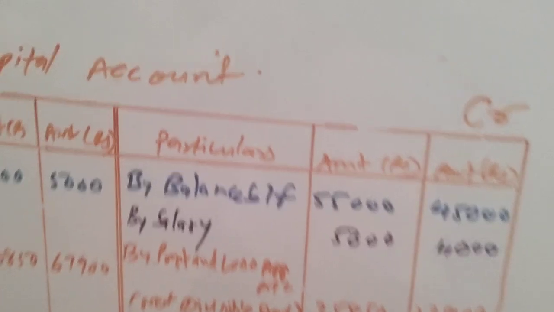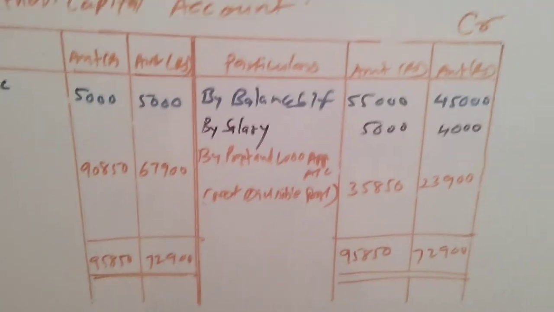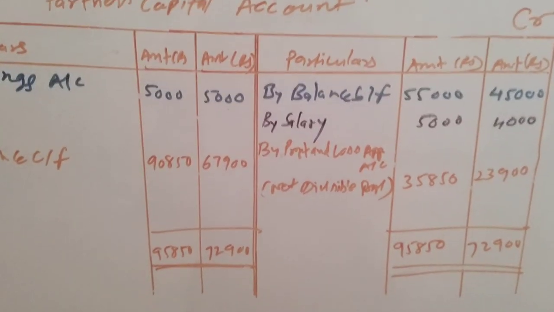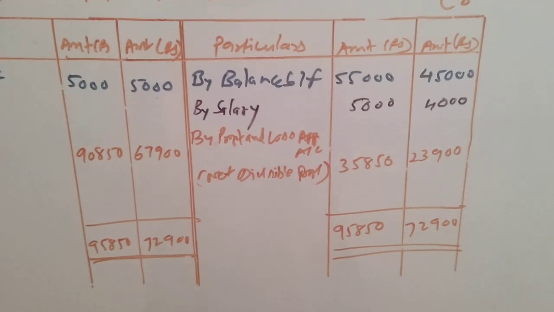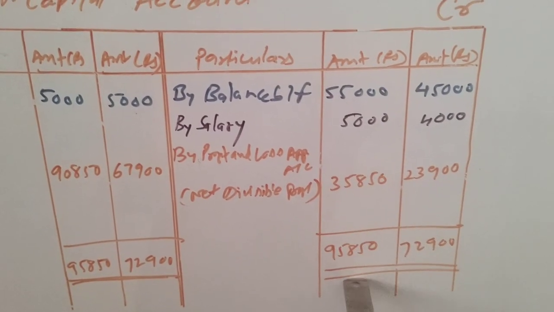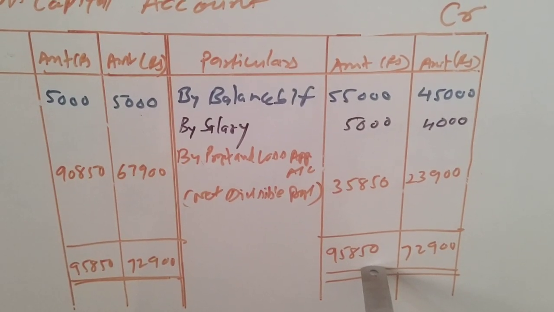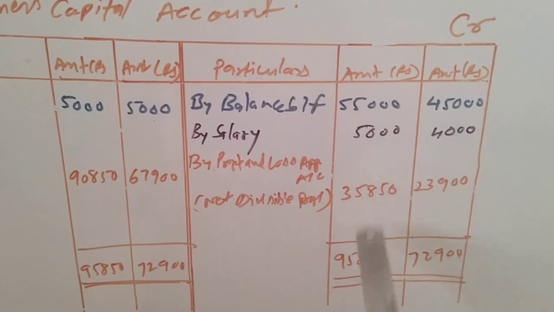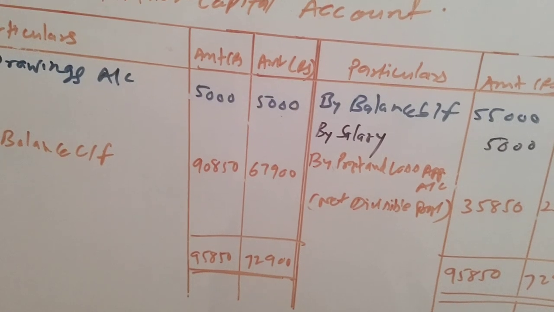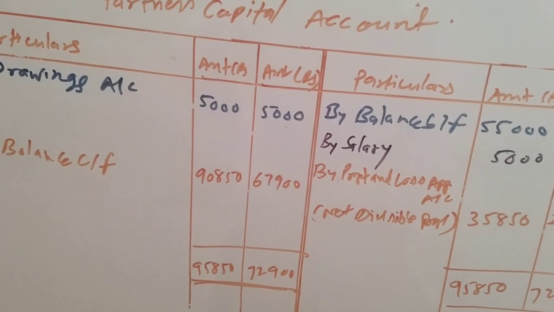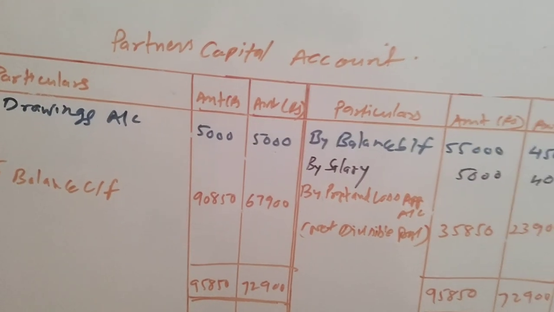Finally, we will make the total of the partners capital account and then we will find the difference. Here we can see the credit side total is 95,850 and the debit side total is 90,850.